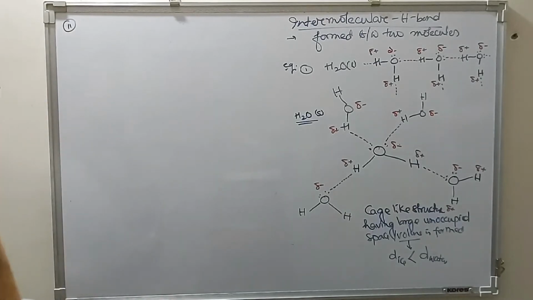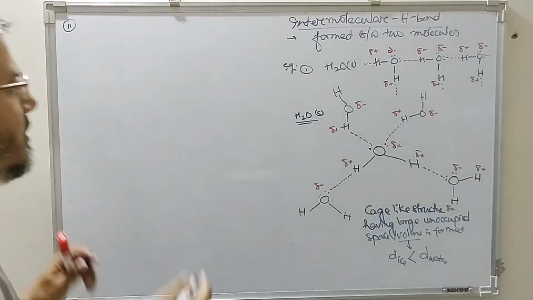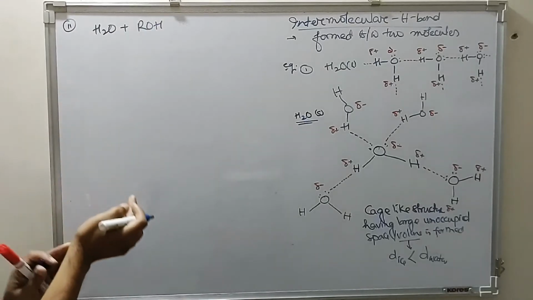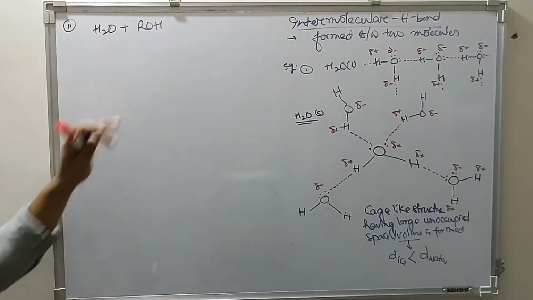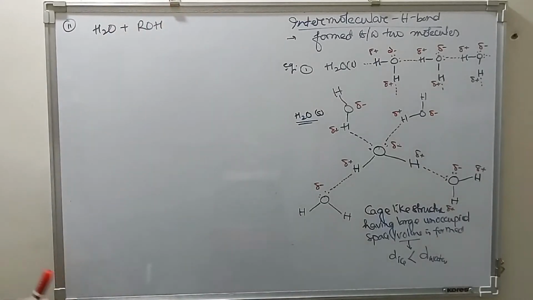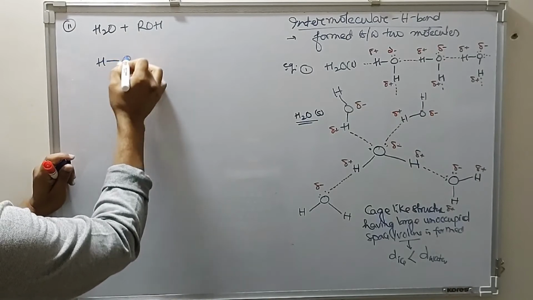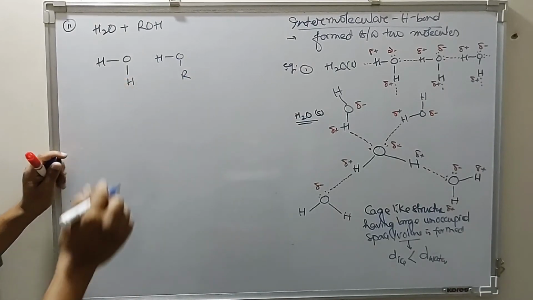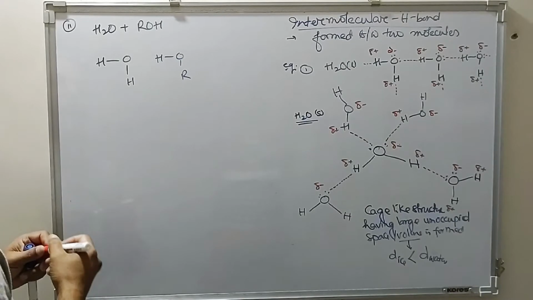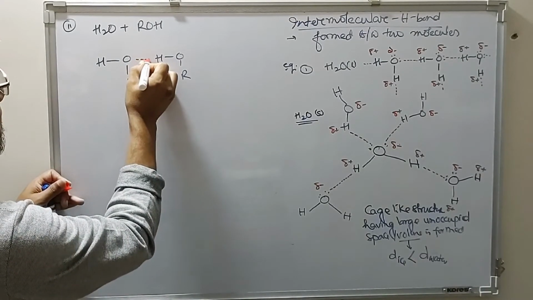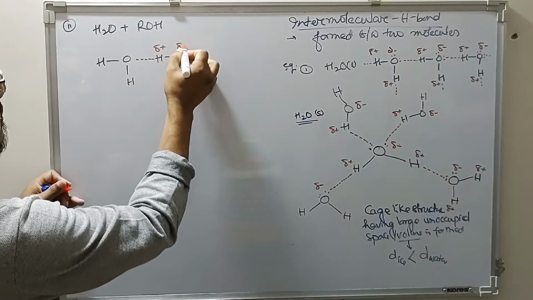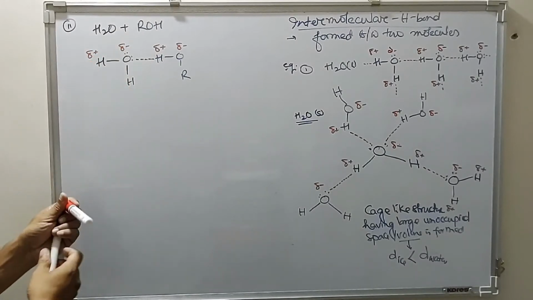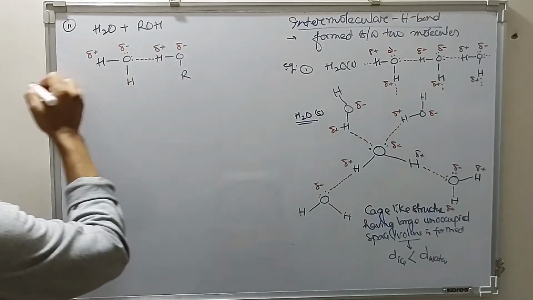We say water and alcohol are miscible. So look at this, we have H2O and ROH. This is alcohol, this is water. Also we say alcohol, these may be CH3, this may be C2H5, etc. So look at this, this is alcohol molecule, this is water molecule. So we have this intermolecular hydrogen bond, and this keeps on extending on this side.